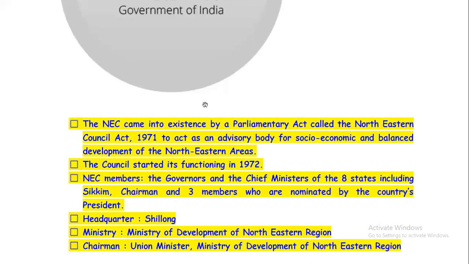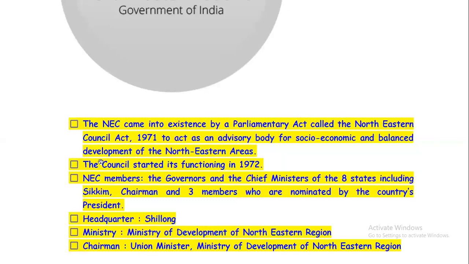So let's start. The Northeastern Council came into existence by a parliamentary act called the Northeastern Council Act 1971 to act as an advisory body for socio-economic and balanced development of the Northeastern area. So remember, this Northeastern Council came into existence because of the Northeastern Council Act 1971.